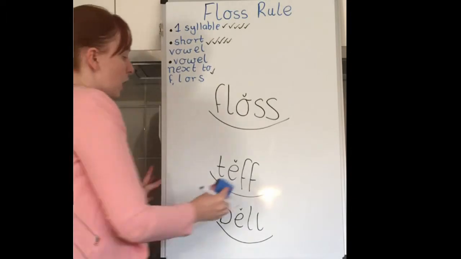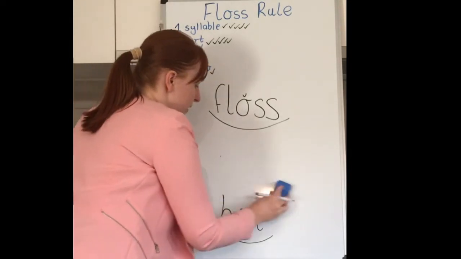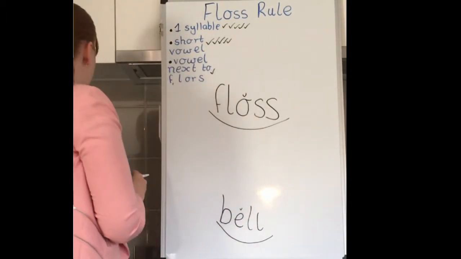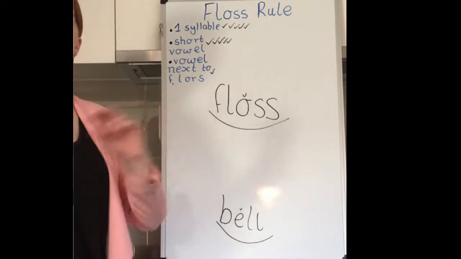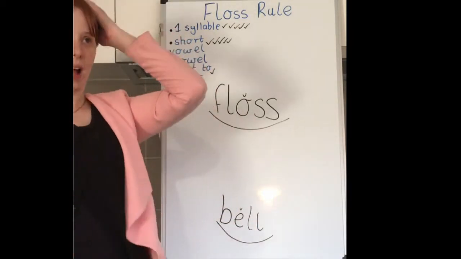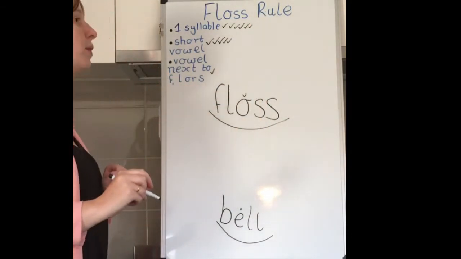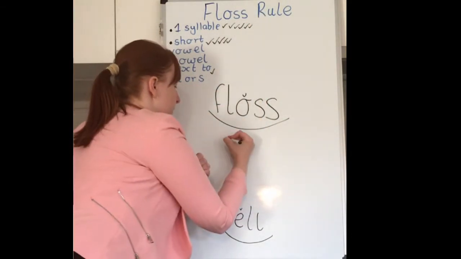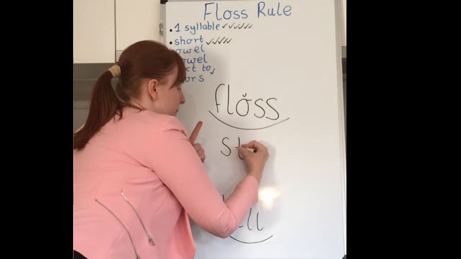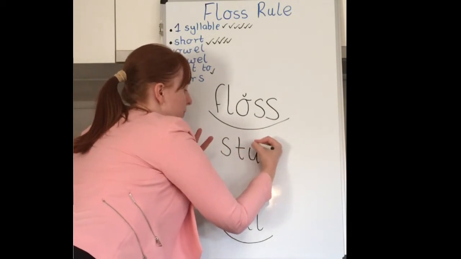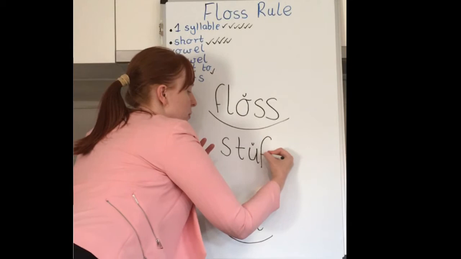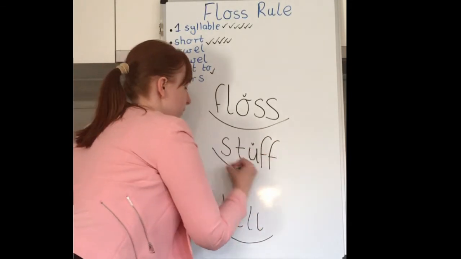Another one could be stuff. How many beats are in the word stuff? One. Short vowel. It's short. I double it. Stuff.